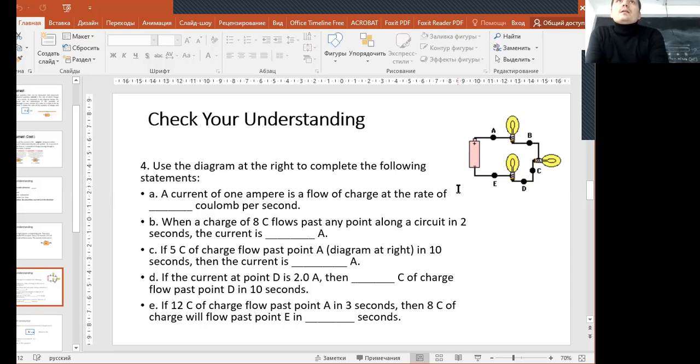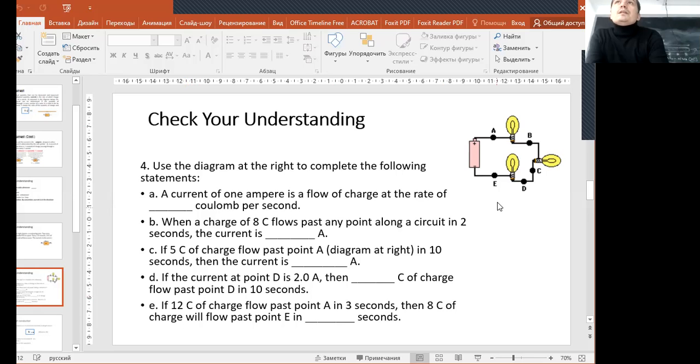So if the charge is 5 coulombs moving in 10 seconds, the current is 0.5 amps.